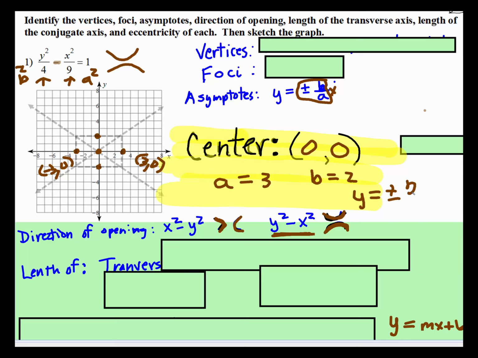In this case, the b value is 2 and the a value is 3, and now we have a line. At the center, we go up 2 over 3 and draw that line, and from the center we go down 2 over 3 and draw that line, and those are the asymptotes. What the asymptotes do is give the curved pieces of the hyperbola boundaries. And we've already decided this is going to be moving up and down.